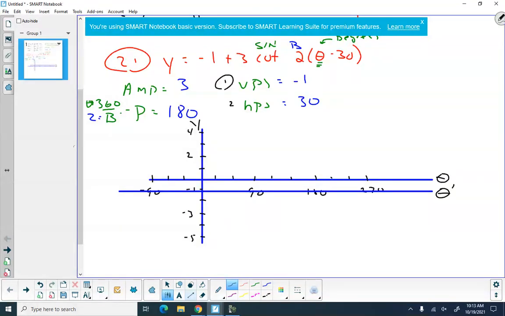Second thing we look at is the horizontal phase shift in our trig function. Horizontal phase shift tells us your theta start value. Your trig function will tell you, do you start on the prime axis or at peaks and valleys?